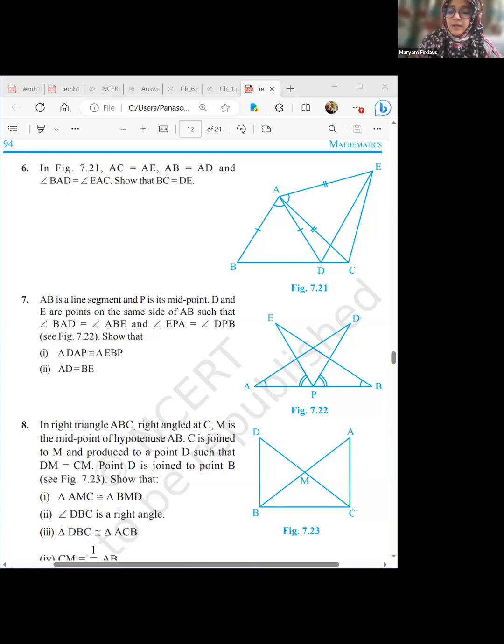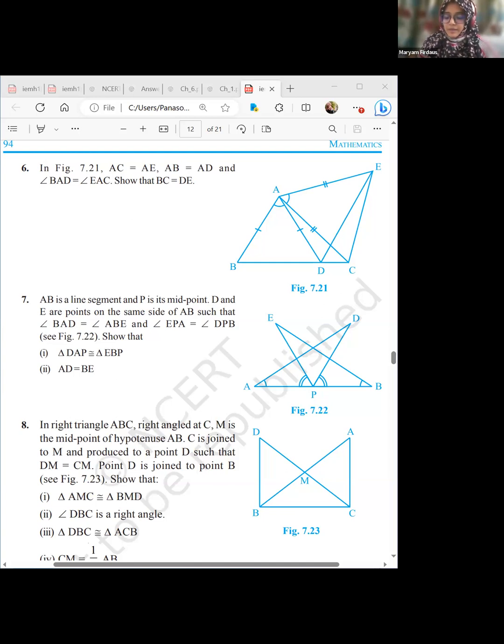But the angle BAD that is given to us is not one of the three angles of the blue triangle. Look at this. The angle BAD is not the entire angle.